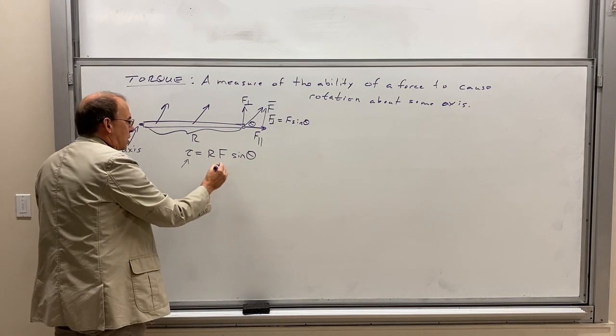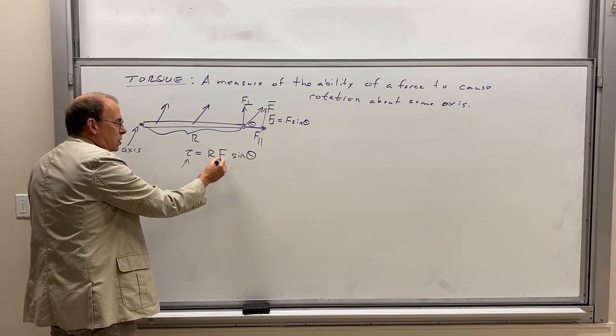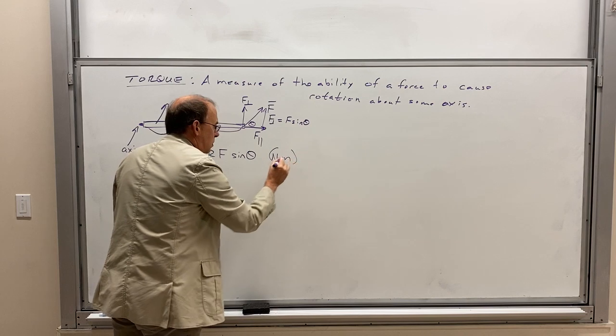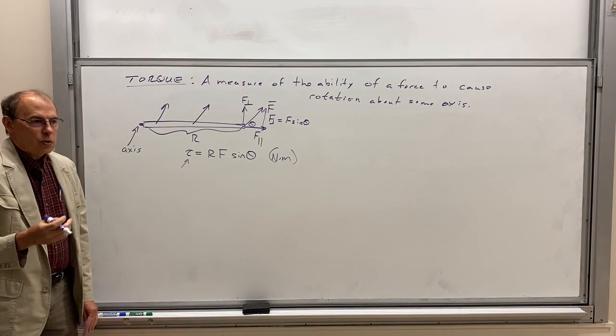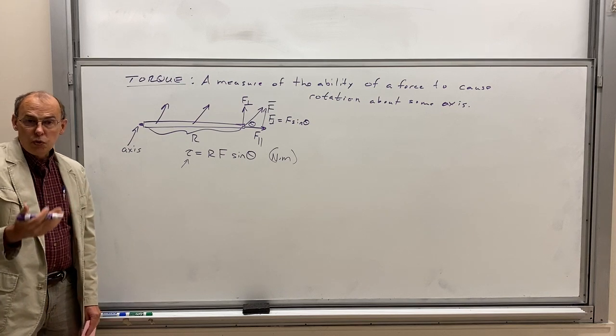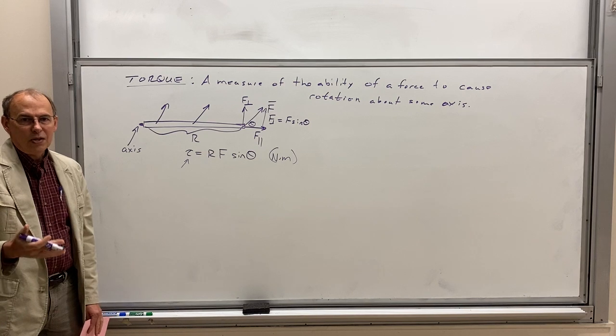It has units of meters for this, newtons for that, so it has units of newtons times meters. Now earlier in the course, when we were looking at energy, we saw a newton times a meter was a joule. We don't do that here because a torque is not an energy.